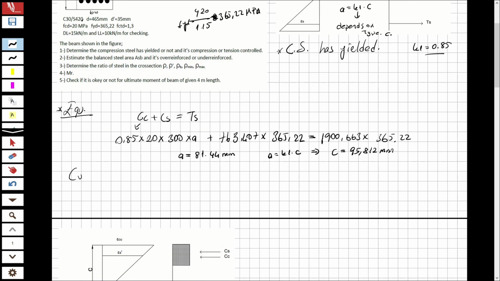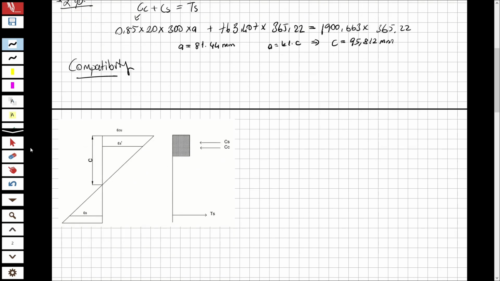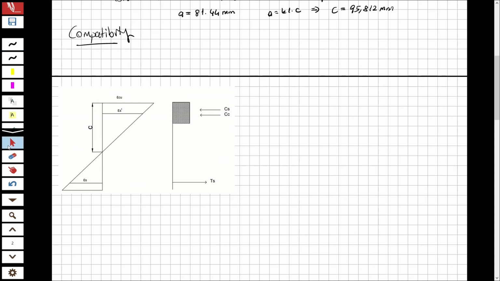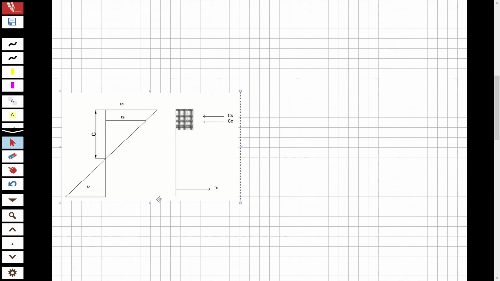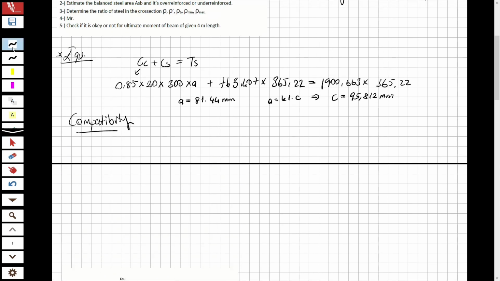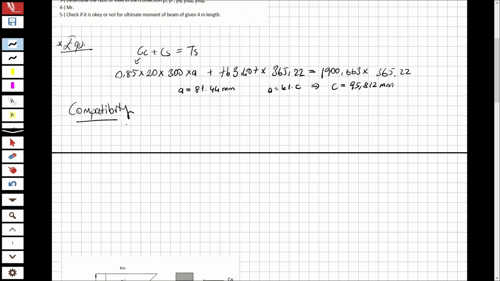I'm going to make a compatibility. Excuse me, I'm going to take this one to here. It's going to be better to make the solution.